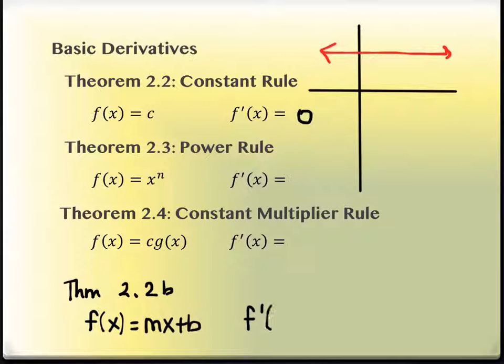If I have this equation, what's its derivative? It's m. The easiest way to think about that is, remember, derivatives are slopes. What's the slope of the equation y equals mx plus b? m. So anytime you're dealing with a linear equation, the slope is simply m in the equation.